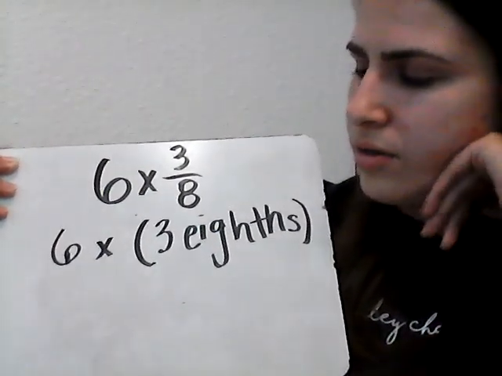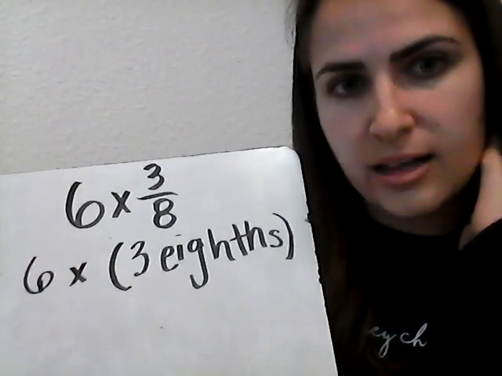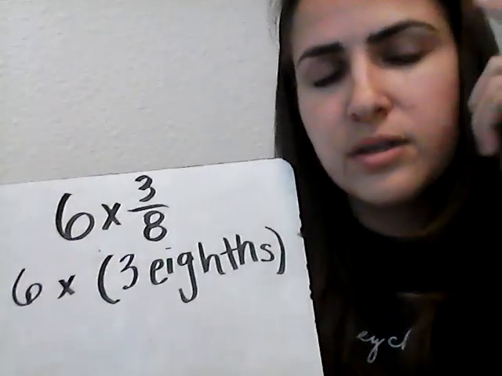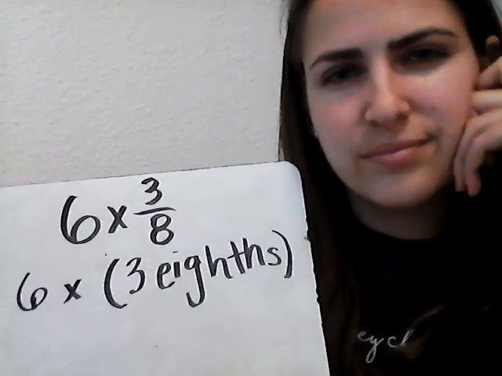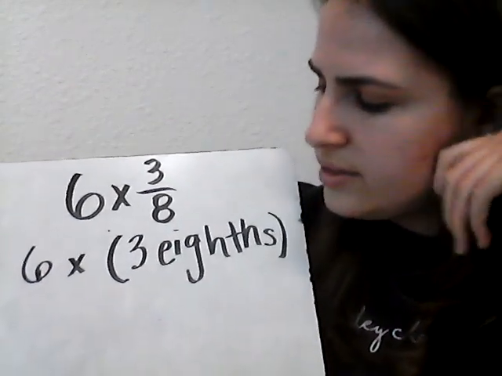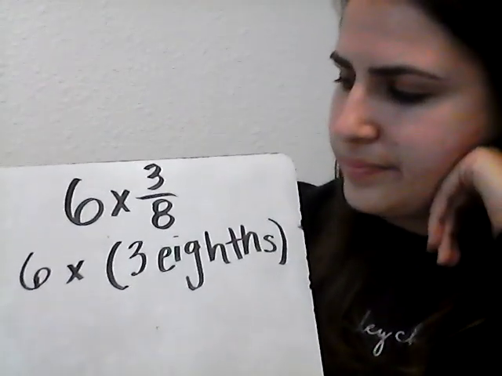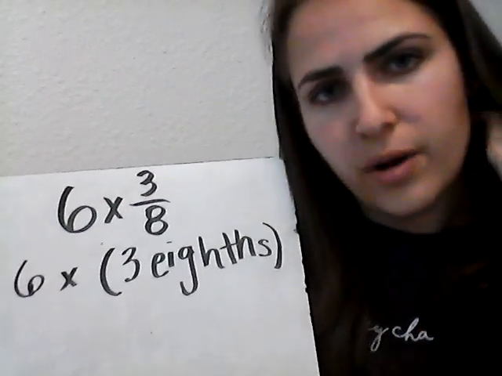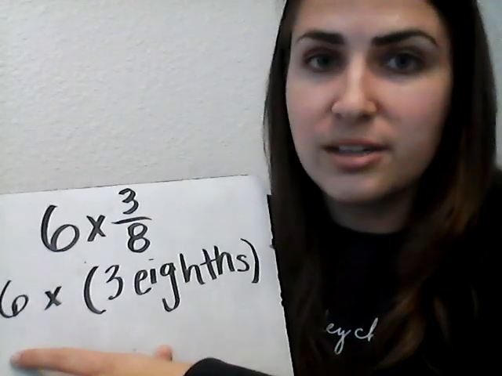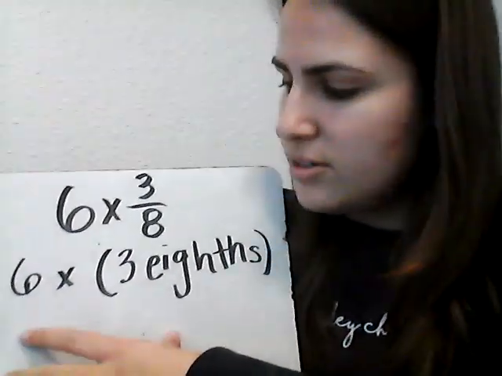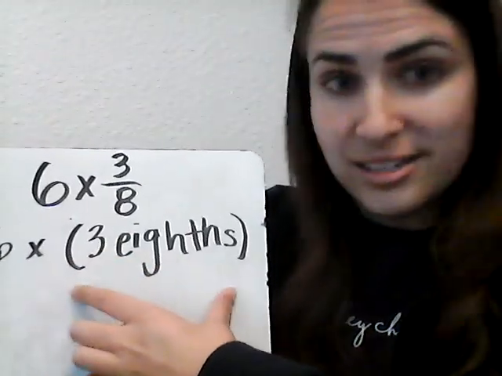Now, I want you to recall what the associative property allows us to do. What is the associative property? Well, the associative property states that it doesn't matter how the numbers are grouped. We're still going to come to the same answer. So right now we see that 3/8 is grouped.